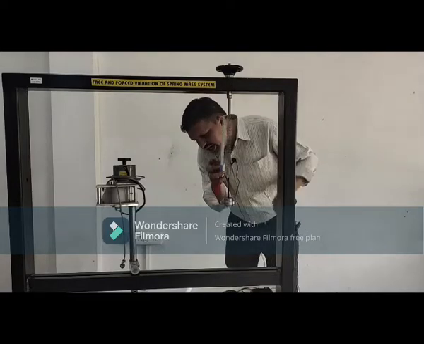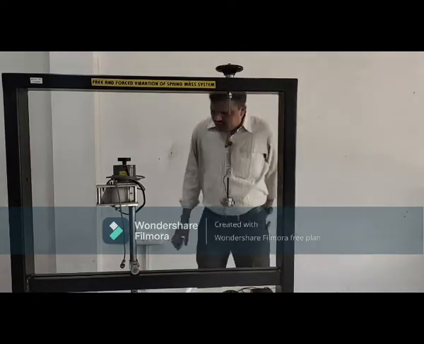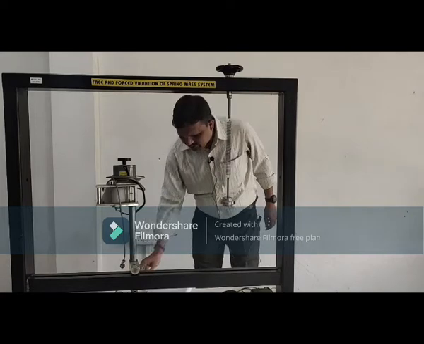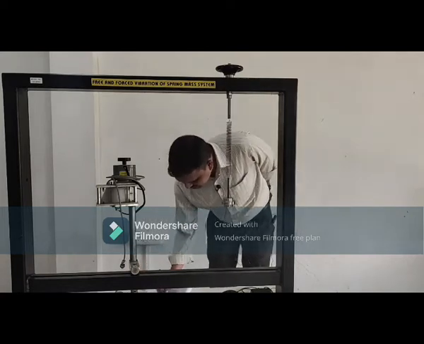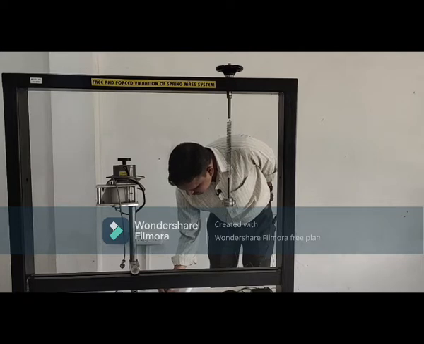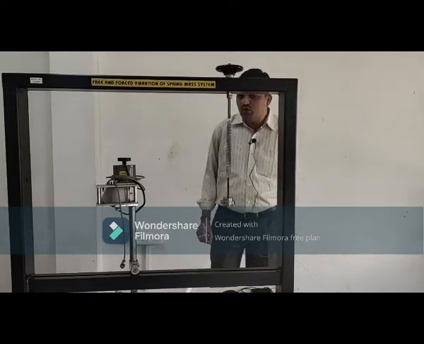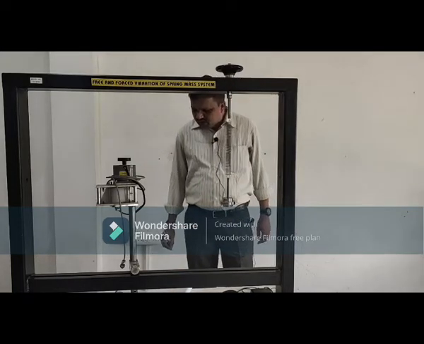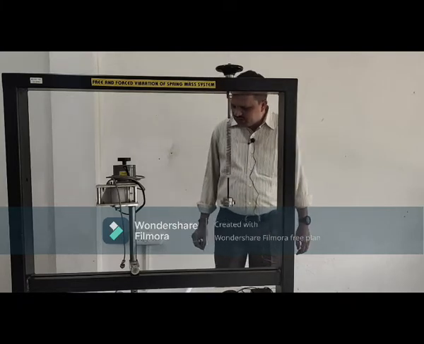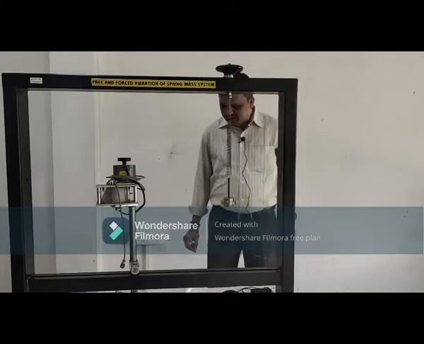It is almost 19.3 centimeters. So L2 for the corresponding mass of 0.438 kilograms is 19.3 centimeters.